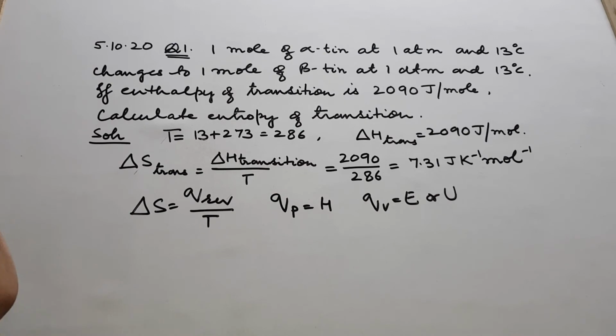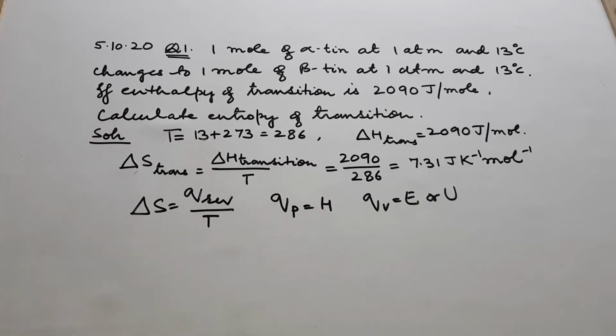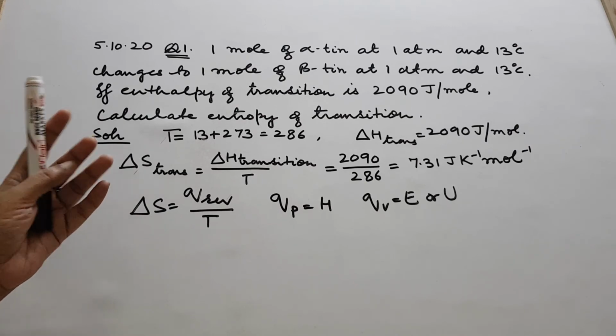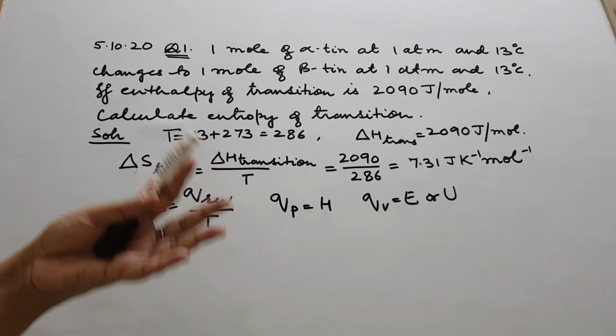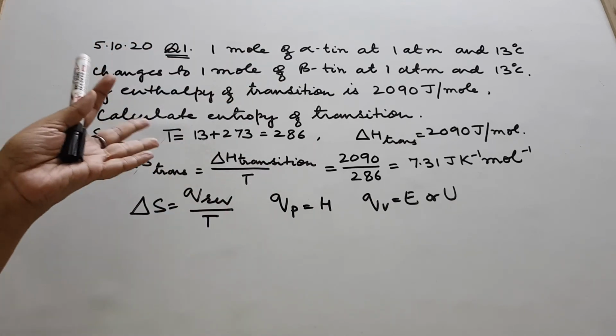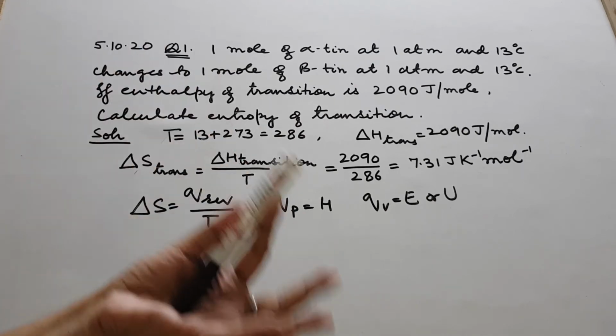Actually children, numericals involving entropy use some more formulas, and they are mainly asked there. Or it can be the formula I gave you in the last video, delta S is equal to 2.303 nR log V2 upon V1. So you have to remember, children, the chapter is full of formulas.